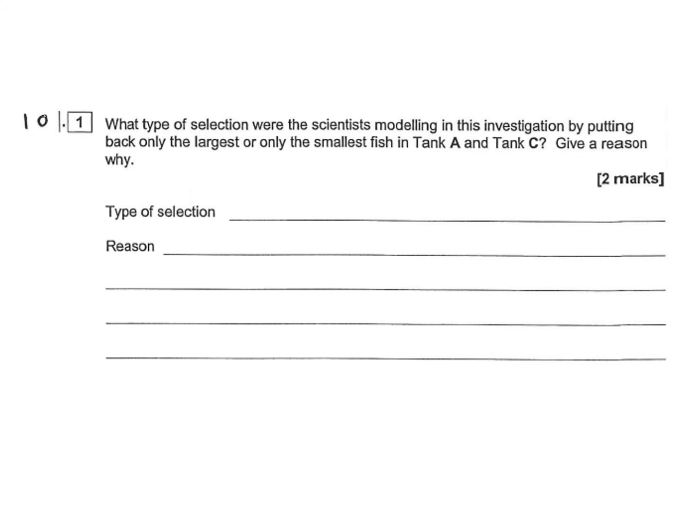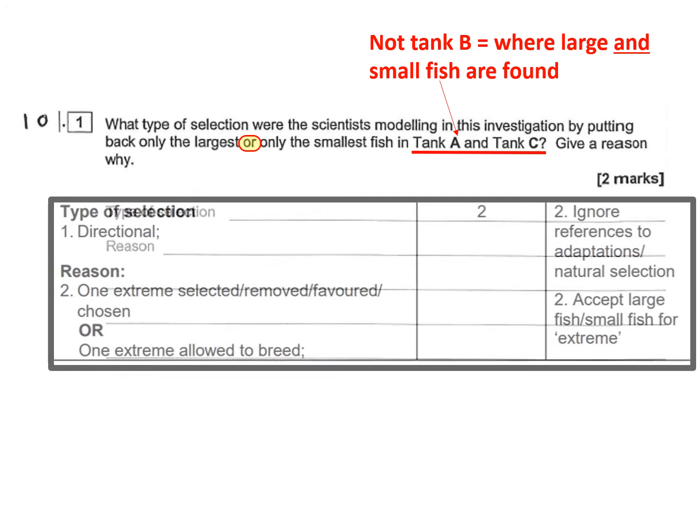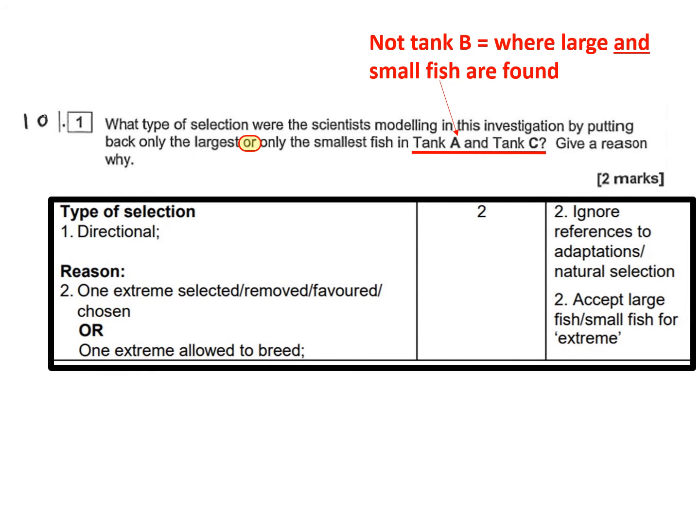Okay. So what type of selection were the scientists modelling in the investigation by putting back only the largest or only the smallest fish in tank A and C? So it does say or, so I'd highlight that. Okay, tank B, large and small fish might have been put back together as part of the 10%. So it has to be directional selection, okay?